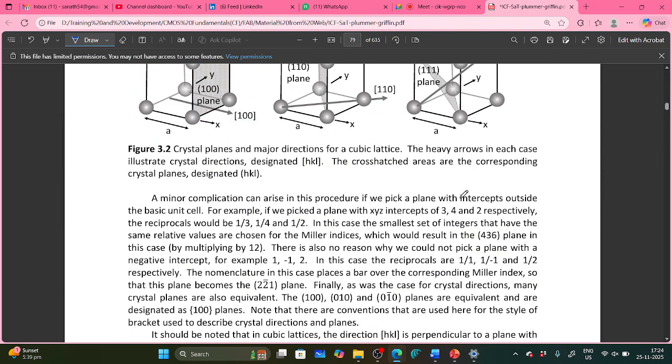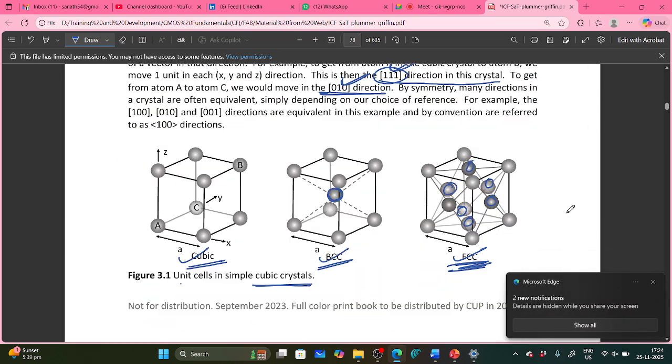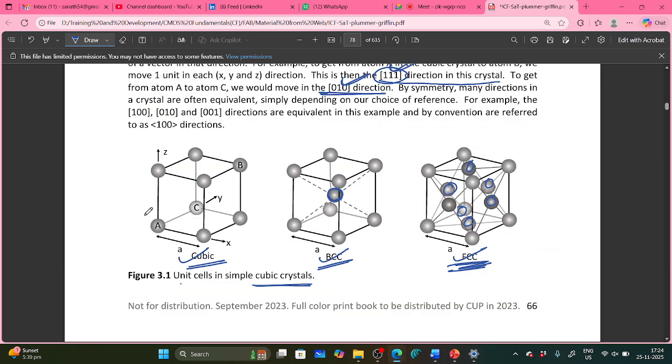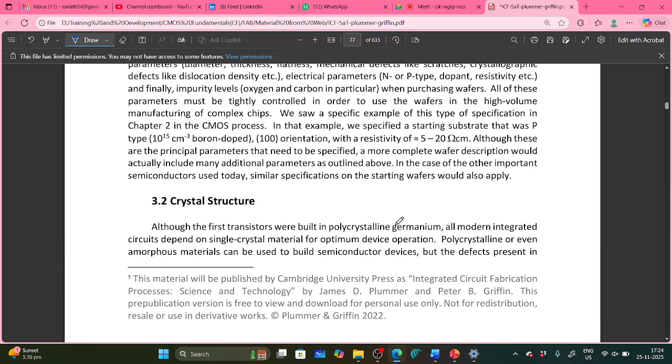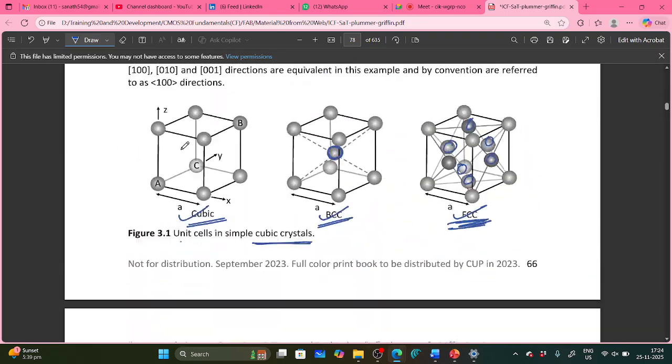You understood, no? Okay. So first is what a cubic structure. You can go through this. I think I shared the plumber book in the Google Drive. You can go through that and see from the 64th or 65th page. So this is the cubic structure, this is the body-centered cubic structure, and this is the face-centered cubic structure.